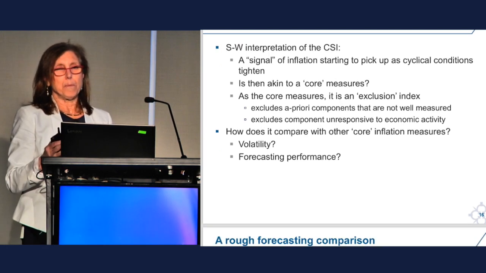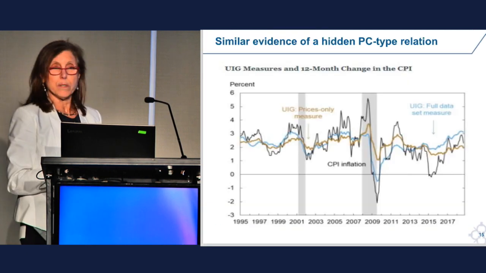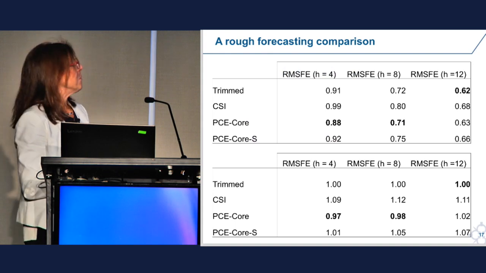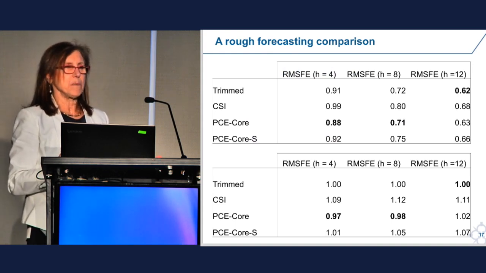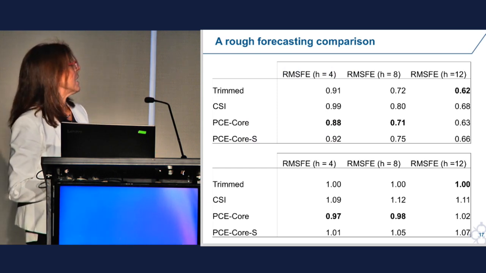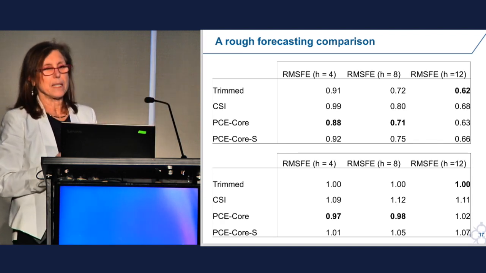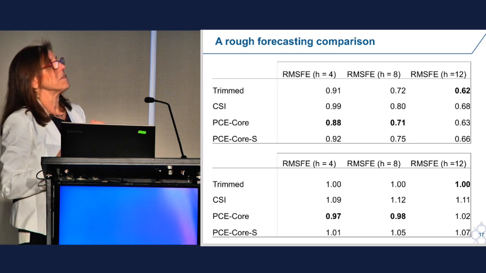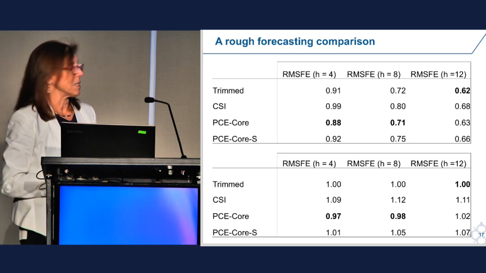A rough forecasting comparison of CSI versus PCE core, old core, PCE core services, and the trimmed mean. The Dallas trimmed mean in the US is considered one of the best core measures. So I would focus on the bottom graph, because that gives a comparison with the trimmed mean. I would have expected that CSI would do similarly to the core services.